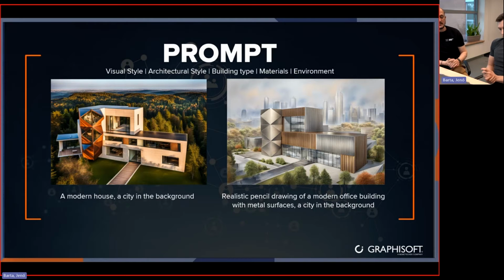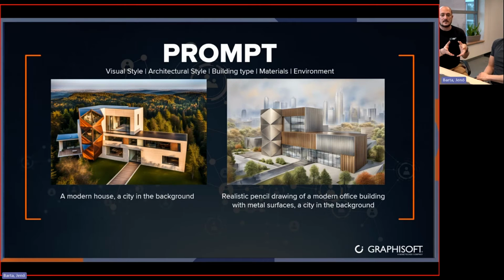But other than that, some of these are optional, so you don't need to describe the visual style. As you can see, on the left-hand side and right-hand side, we have the same model with different prompts. The first one is missing the visual style. It has only architectural style, building type, and the environment described. Nothing about materials, nothing about the visual style.